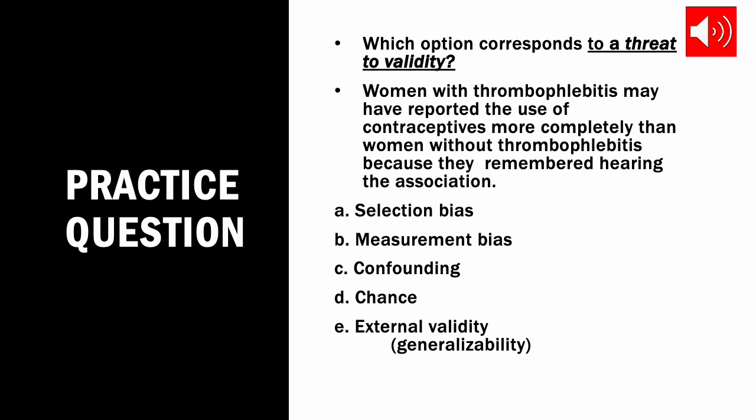Is this a measurement bias? If you go back to measurement bias, this is using different methods of measurement and comparing them. Is this confounding? Based on our example, it doesn't really match confounding, and it's not chance, and this has nothing to do with the external validity of the overall study.